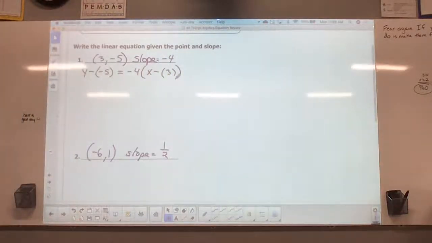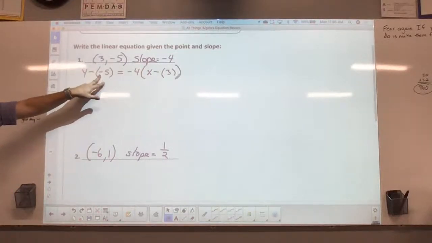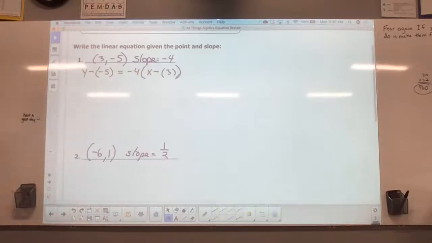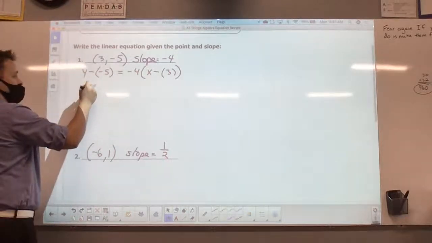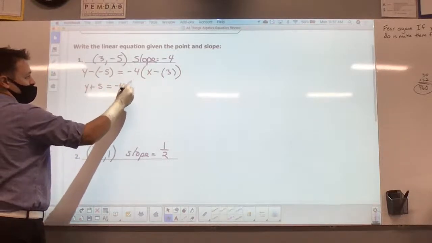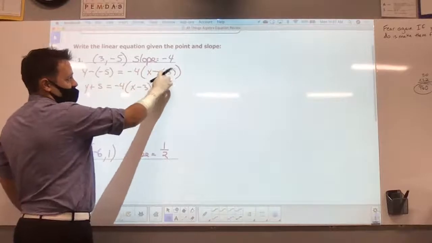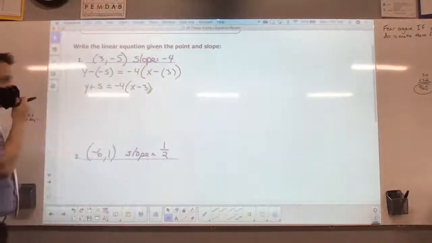So that's how it's supposed to look. However, what happens? Negative and a negative makes this what? Positive. This right here is where most of you went wrong right off the gate. That 3 just plugs in. I don't have a negative there, so I can get rid of the parentheses there.